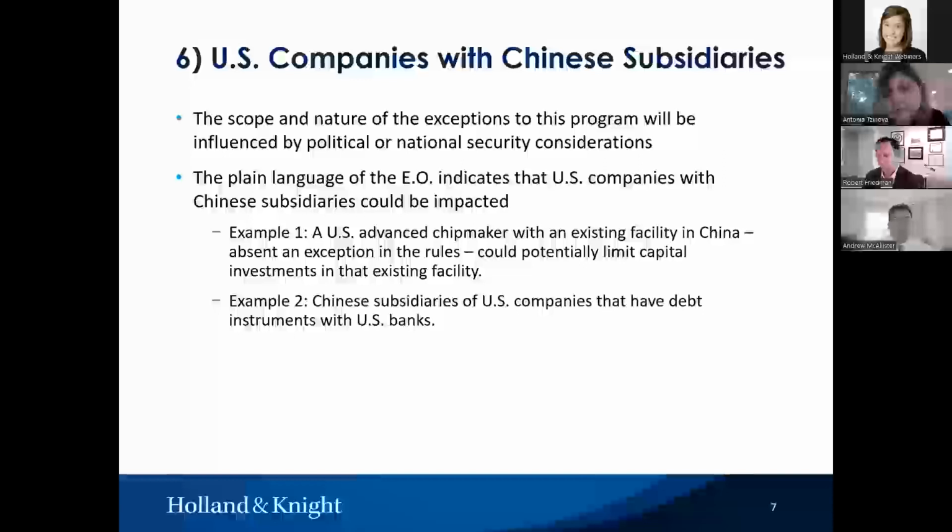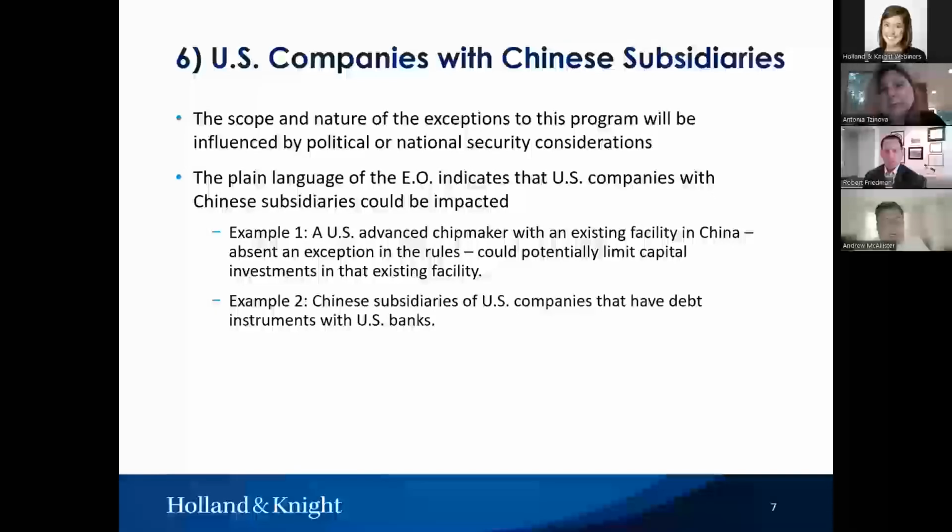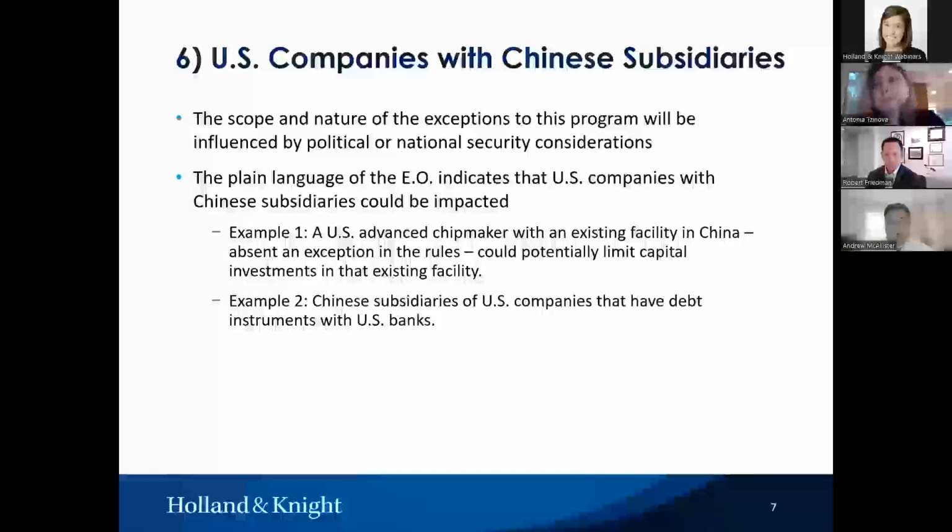Great, thanks, Antonia. So, an issue that's been hit on a couple of times would be U.S. companies with Chinese subsidiaries. As an initial point, this probably makes logical sense to most, but a Chinese subsidiary of a U.S. company would not have full safe harbor. It wouldn't be taken out of the covered transaction aspect if, for instance, it's getting funding from another U.S. company.